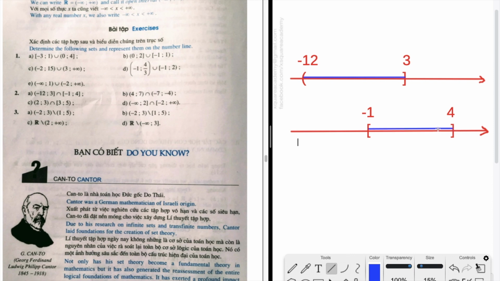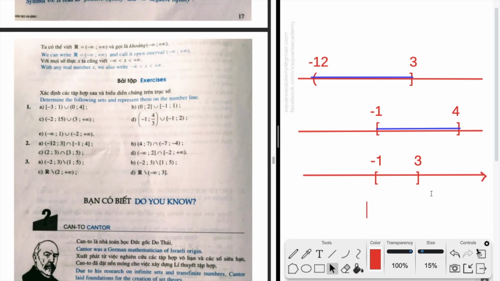In the intersection, that means we take the common elements that are in this set and in this set too. So we see this interval is the common part. The result is a closed interval from -1 to 3.